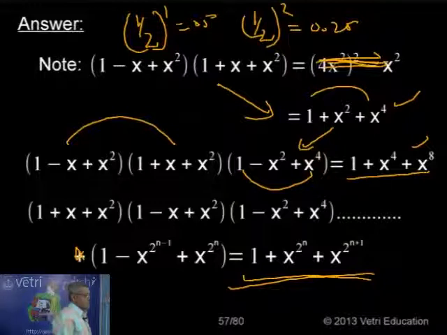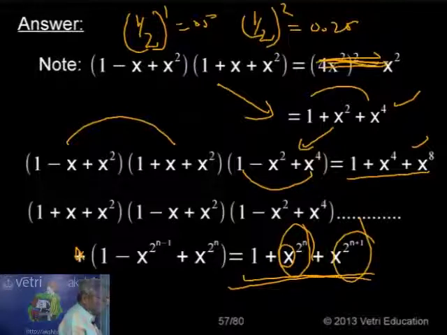Therefore, this x is less than 1, power a big number. When x is like half, 1 by 3, 1 by 6, 1 by 7, like that, when this number is less than 1, that is given at the beginning, x power 2 power n as n tends to infinity becomes 0. This becomes 0, this becomes 0.